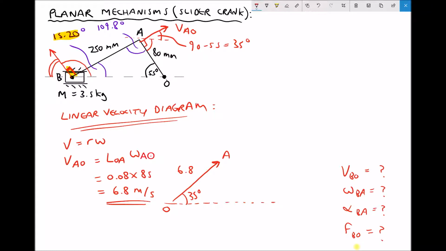So running that through the calculator, we have 180 minus 15.2 minus 90, which is 74.8 degrees. So this angle here is 74.8 degrees. So we know that the velocity of B relative to A is at 74.8 degrees.